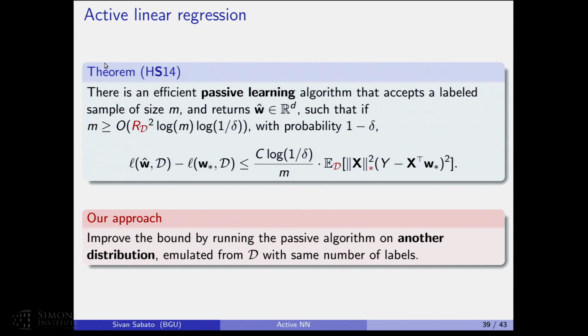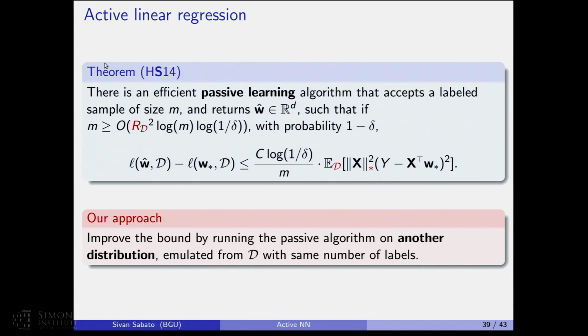We have a distribution given to us, but we have active learning, which basically means that we can use more unlabeled samples, but we don't want to waste labels. So we can take the distribution, sample examples from it, but only ask for some of the labels. And using rejection sampling, we can use this to simulate a different distribution. So this is the idea.